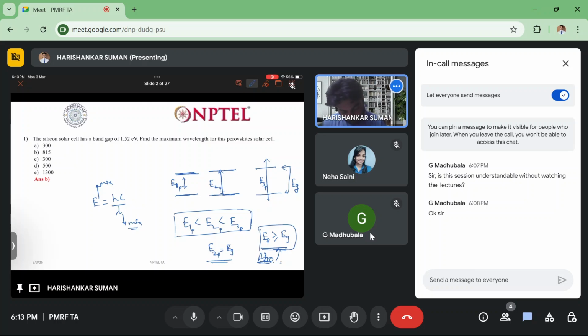So we have E = hc/λmax. At the maximum wavelength the energy goes down, and if lambda goes up, the energy goes down. So we have to find the maximum wavelength, where the photon energy equals the band gap. This is the concept here.